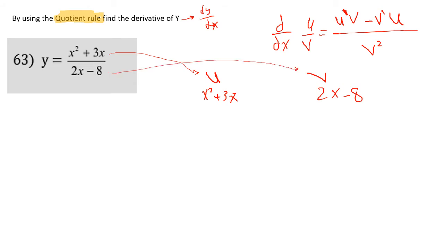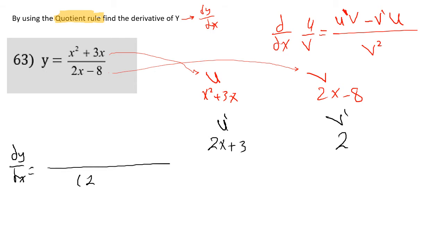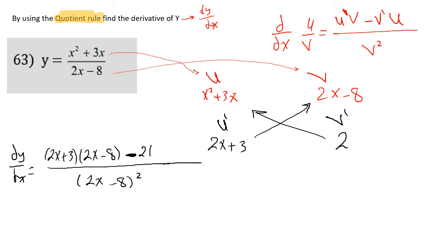Then I start by finding the derivative of u with respect to x, so it's 2x plus 3, and the derivative of v, which is 2. So dy by dx is equal to the squaring of the denominator, then (2x plus 3), u dash multiplied by v, minus v dash multiplied by u.